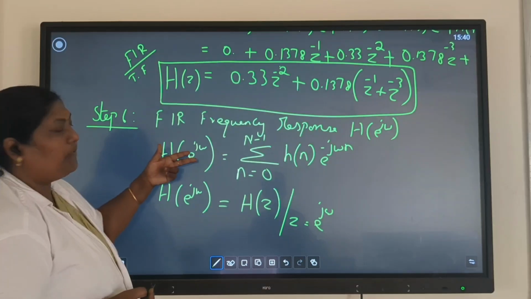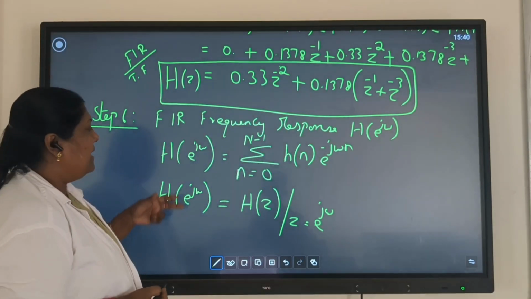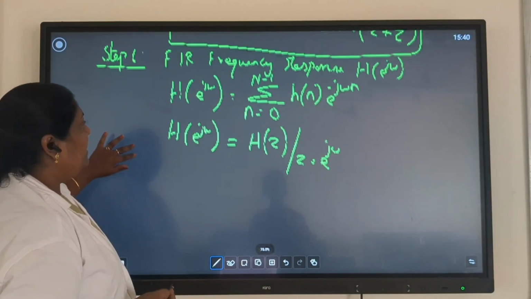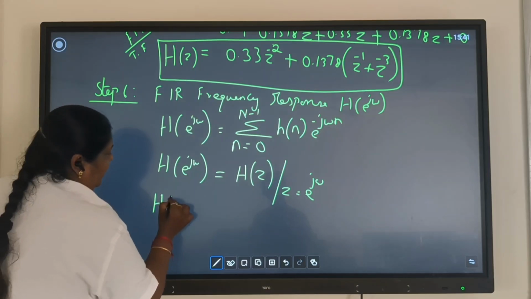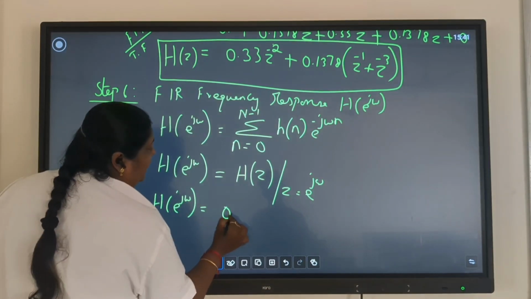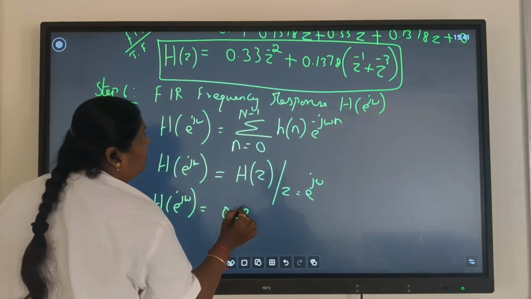So either you can use this formula and expand the summation and get the value, or else from the previous step directly I can write. So from the previous step, H of e power j omega is equal to 0.33. Instead of z I have to substitute e power j omega.